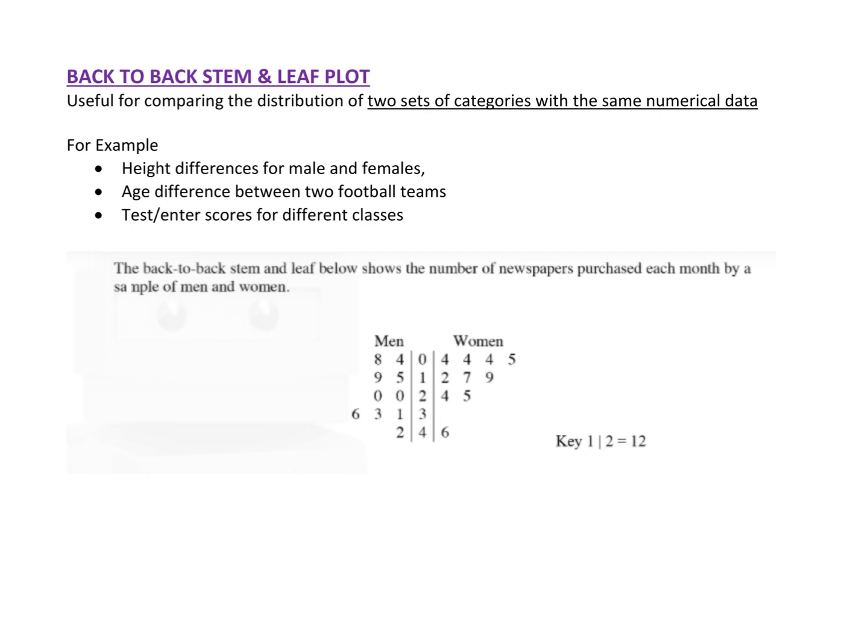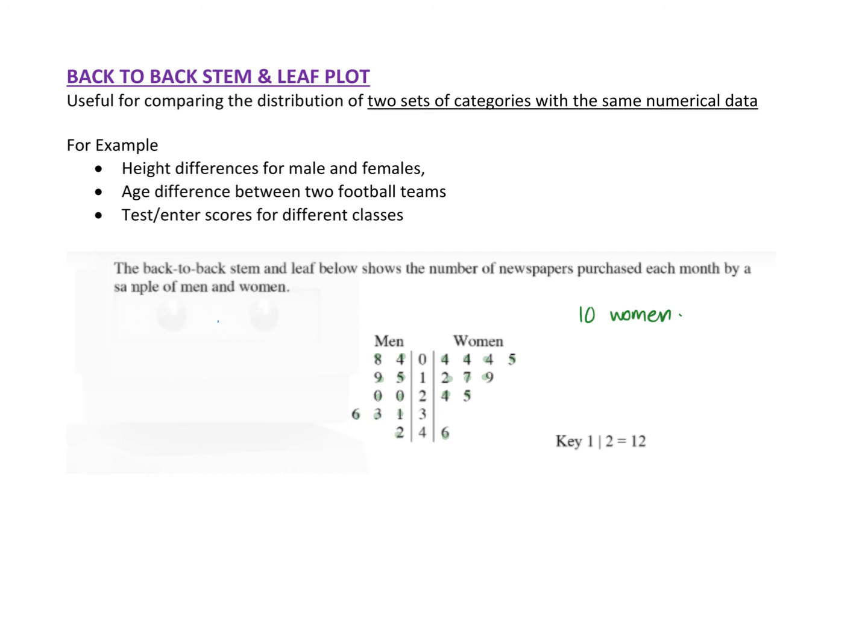We have to be careful, so you could get all the separate stats for each. So if you have a look at the women, first of all, you could see how many women they surveyed by counting up the leaves. So there were 10 women, and then you could look over here and count the men. 1, 2, 3, 4, 5, 6, 7, 8, 9, 10.